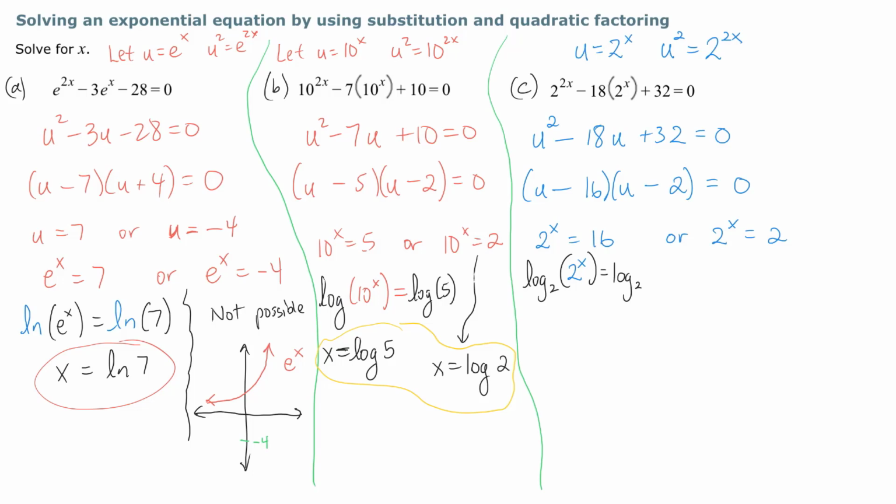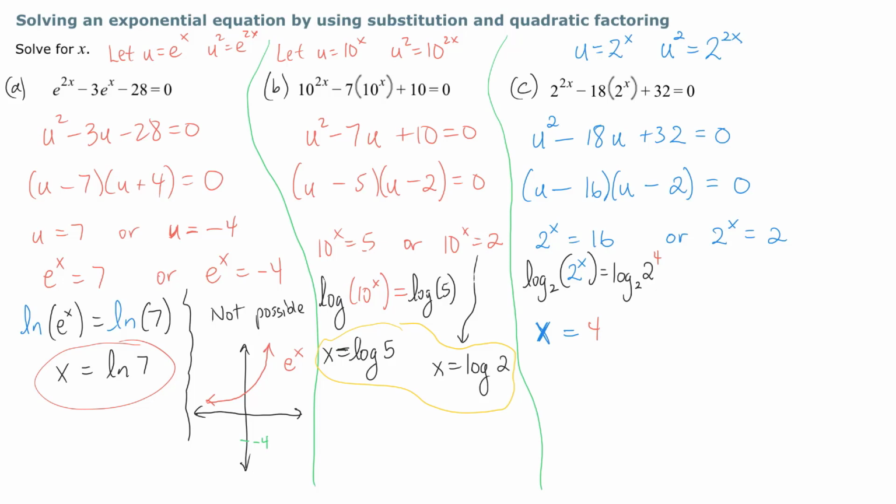But how am I going to rewrite 16? I'm going to rewrite 16 as 2 to the 4th power. That way, the very next line, I could write x is now equal to 4. Ta-da!